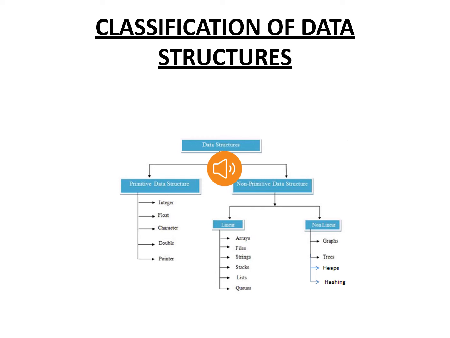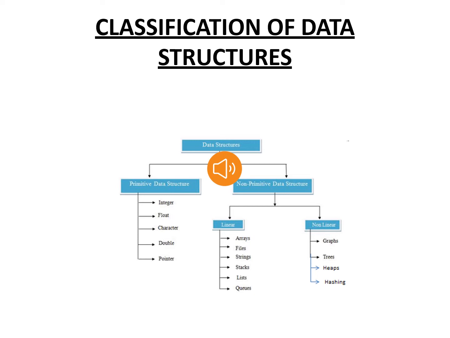Coming to the non-primitive data structures, they are again divided into two types. The first one is the linear data structure. It maintains linearity, that means it maintains sequence. The second one is the non-linear data structure. Here I have included examples of linear and non-linear data structures.